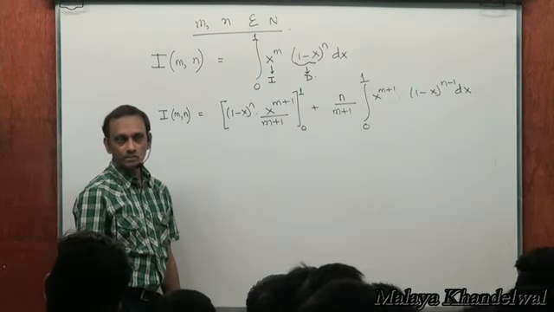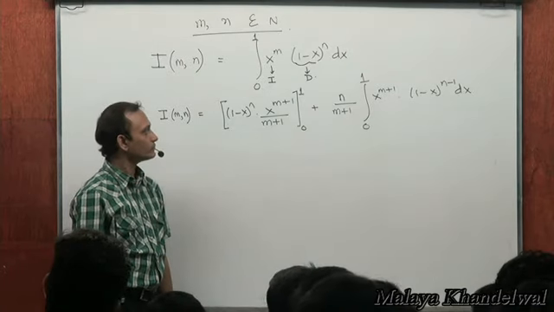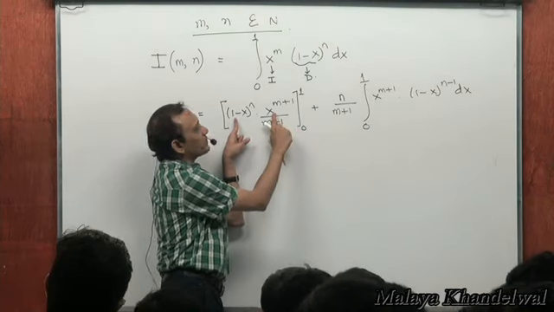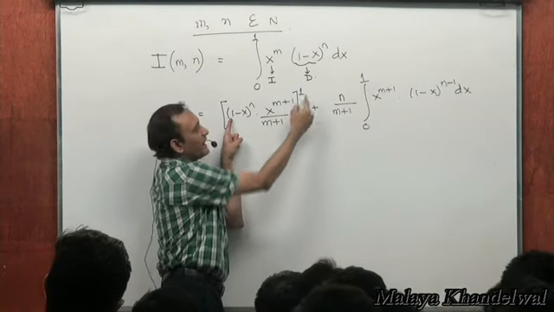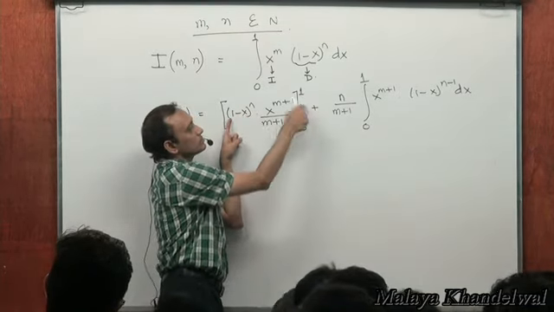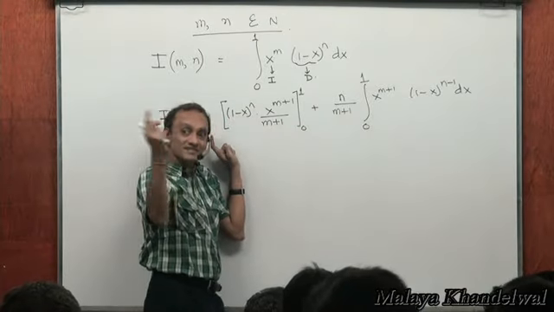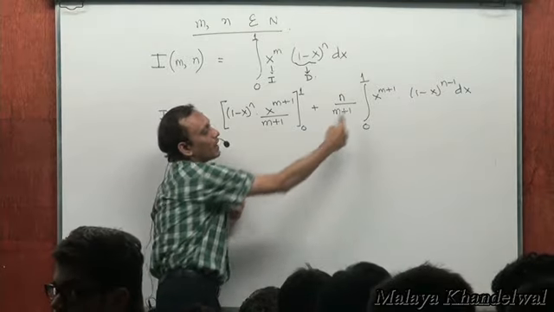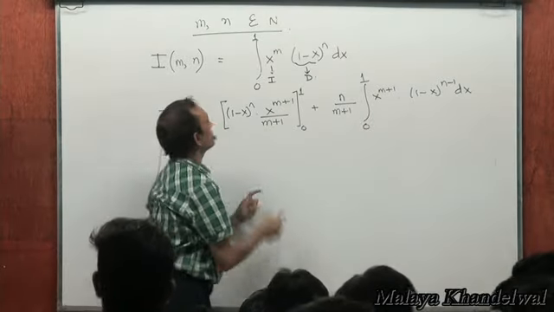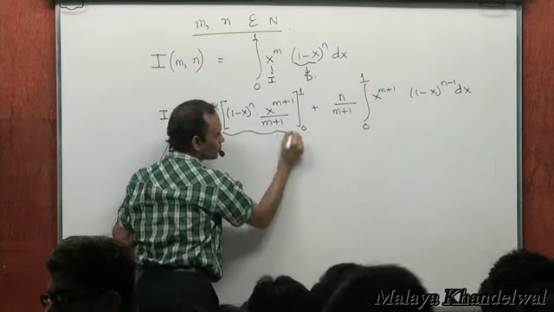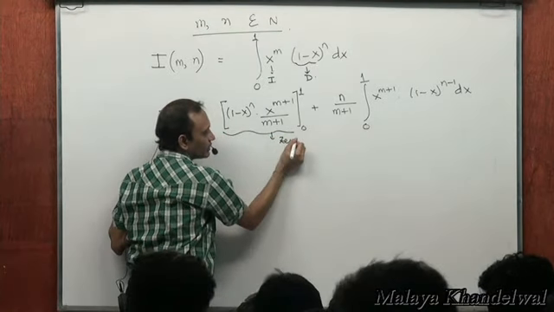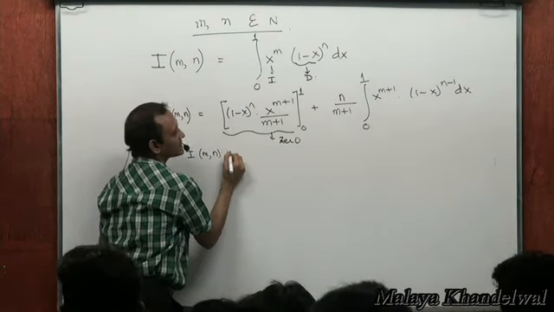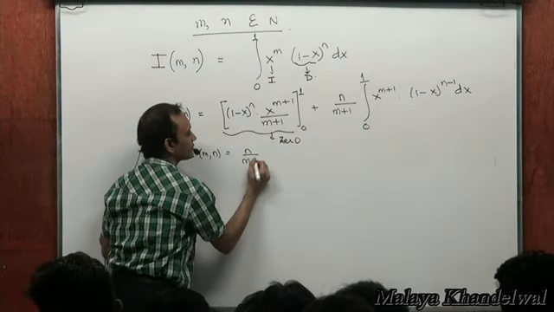Got me? Now, at x equal to 0, this part becomes 0, so this whole thing will be 0. At x equal to 1, this will become 0, so the whole thing will be 0. So the boundary part vanishes, and I am left with just this, leading to I m n as n by m plus 1 times this integral.